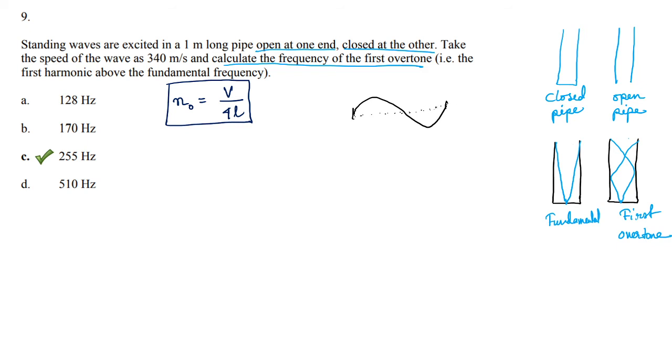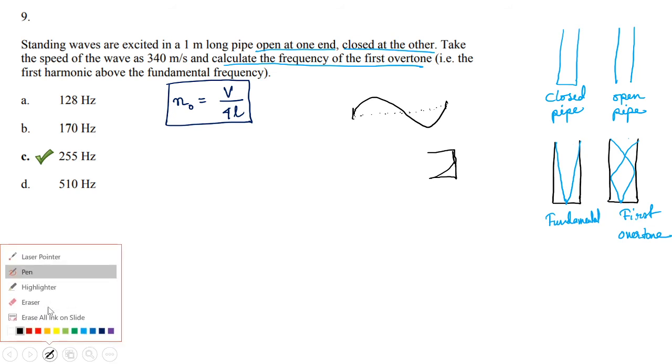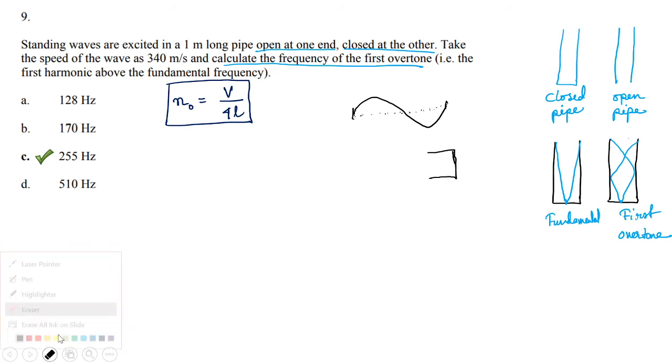So if there is a pipe here like this, okay, this is the pipe, and here is the portion of this sine wave, suppose this portion.